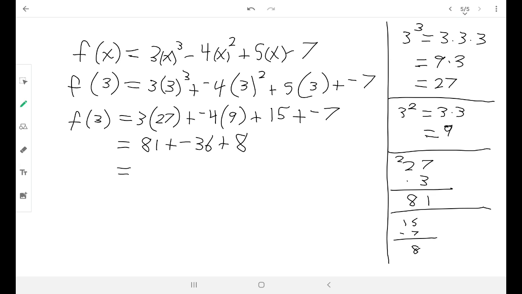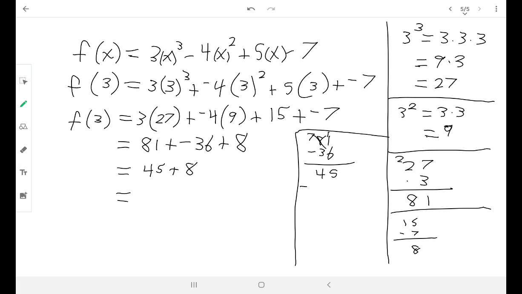And then I might want to figure out maybe some more side work here. What is 81 minus 36? I'll borrow, and that'll be 11 minus 6 is 5, and 7 minus 3 is 4, so that's 45 plus 8.